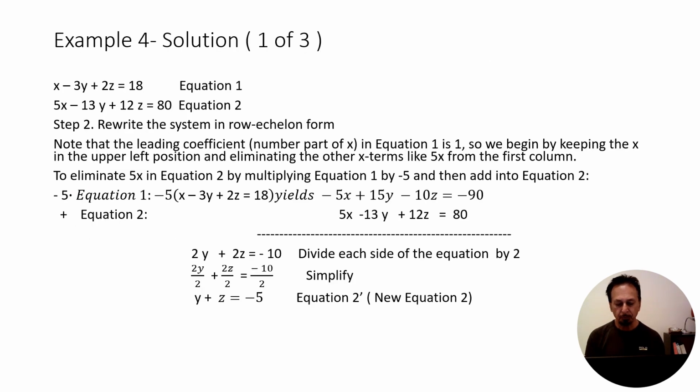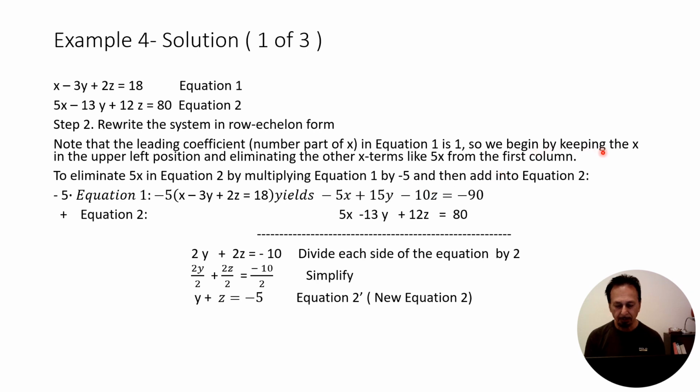So step 2, rewrite the system in row echelon form. Note that the leading coefficient in equation 1 is 1.